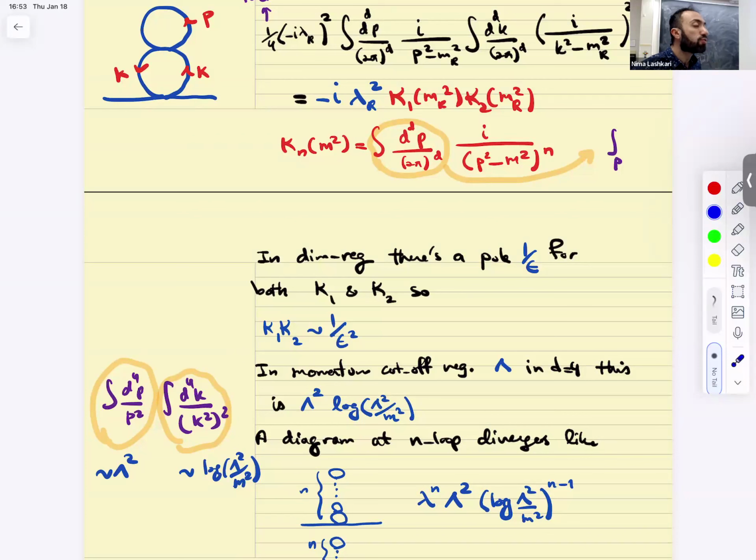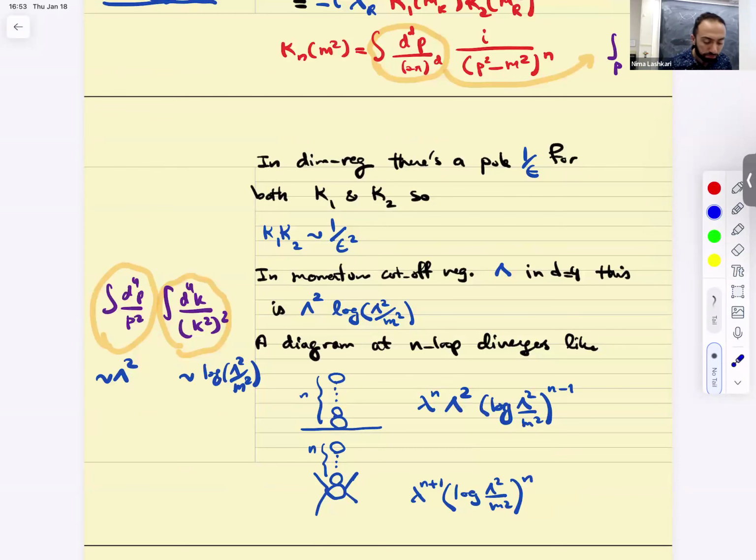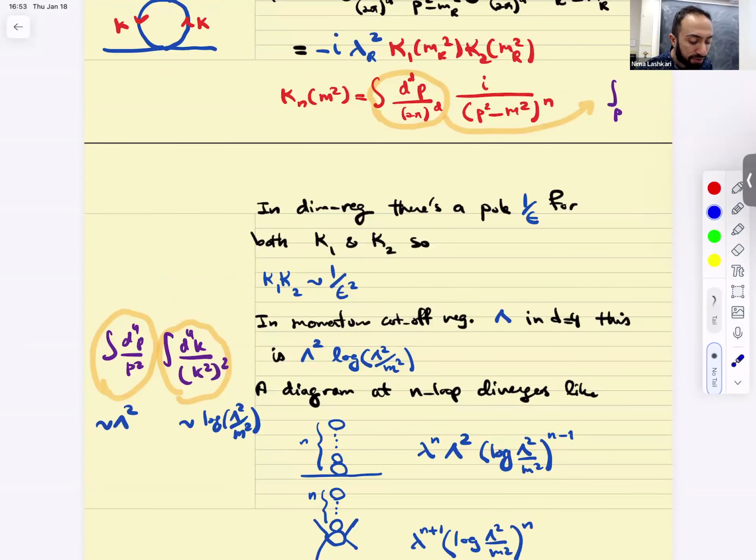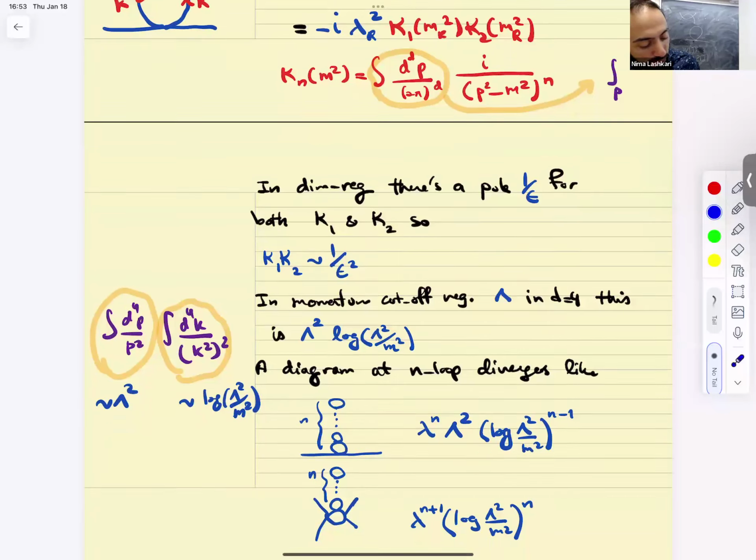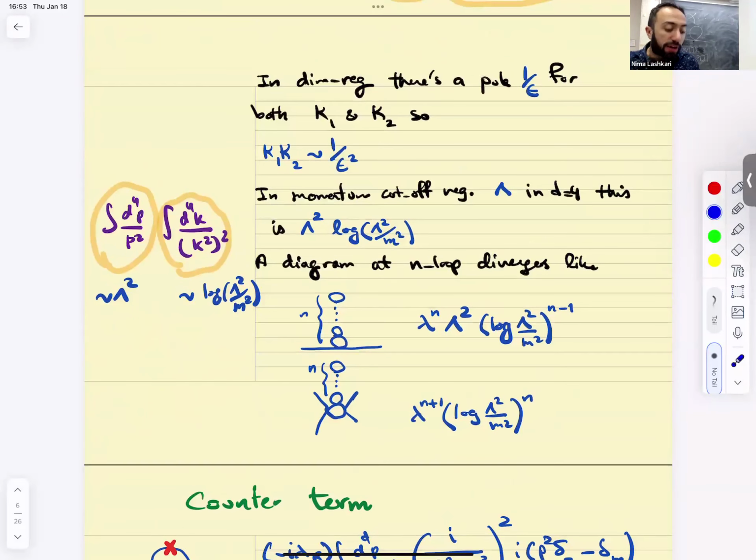And I say lambda squared because if you remember, we went to Euclidean space to do these integrals. We did the Wick rotation. That was one of the things that we did. So this diagram that we're discussing diverges like lambda squared log lambda squared. And of course, inside the log, you should have something dimensionless, so you can just put by hand m squared, but it will come out correct. All right, so that's the structure of the divergence here.